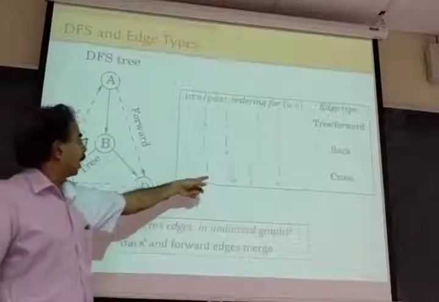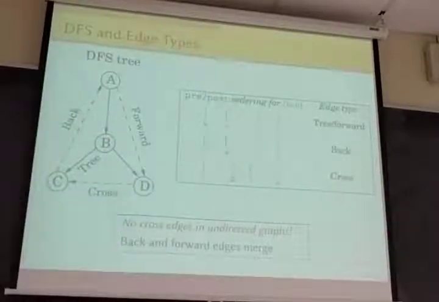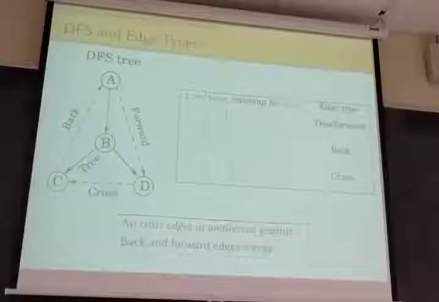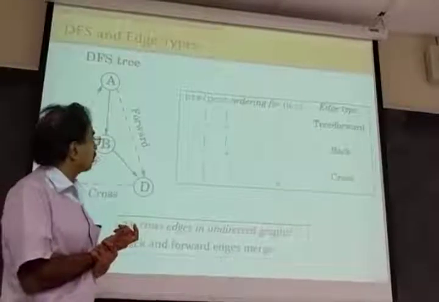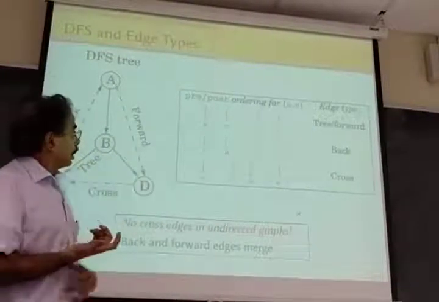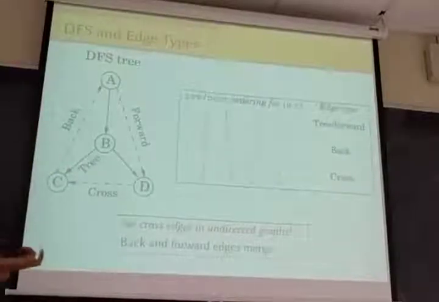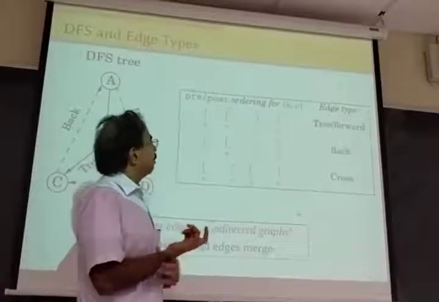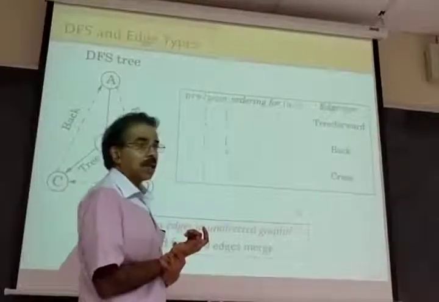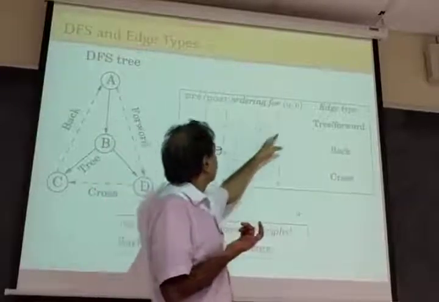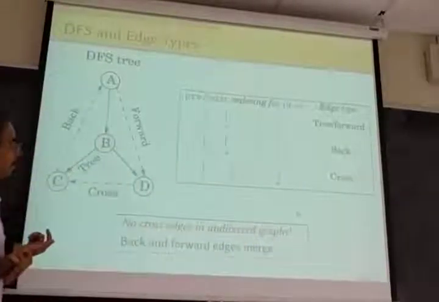Okay, so now we already made an observation about the pre and post numbers, but now we can use them to also decide whether an edge is forward, backward, or cross. Given an edge (u, v), we can look at the pre and post numbers. The left bracket u denotes the pre number, and the right bracket u denotes the post number.